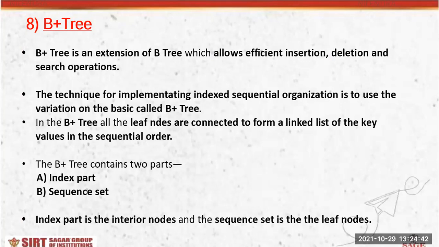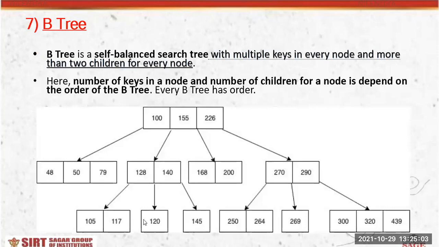So we are having B tree, B plus tree. All the leaf nodes are connected to form a linked list of key values in a sequential order. If I connect all these leaf nodes together, that means it will form the connected B plus tree.